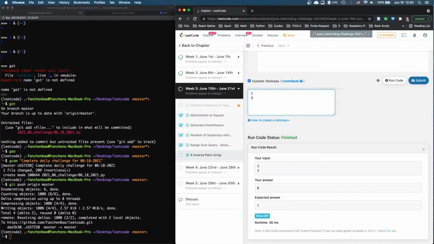And then 4 is at the second position, right? Then 1, 2, 3 need to produce only one pair.